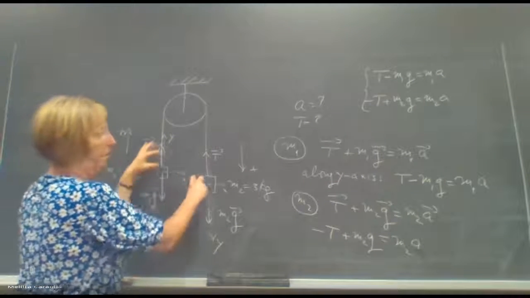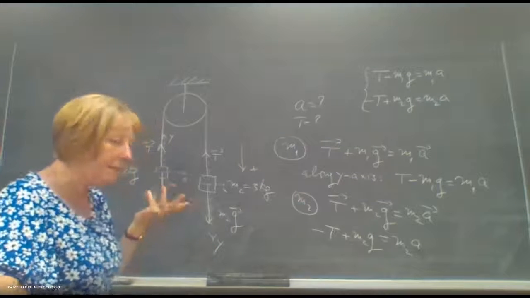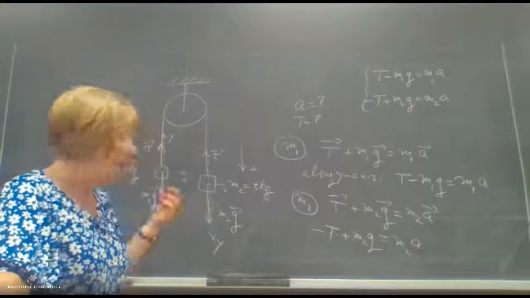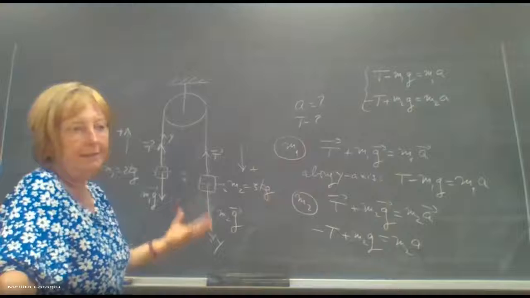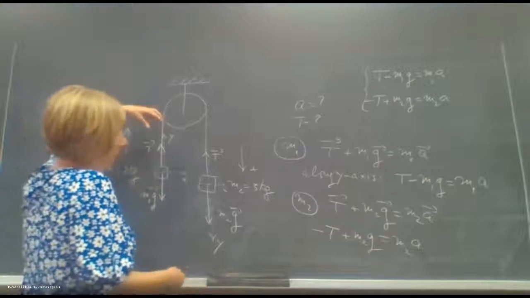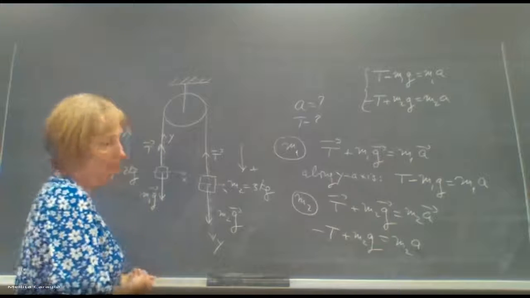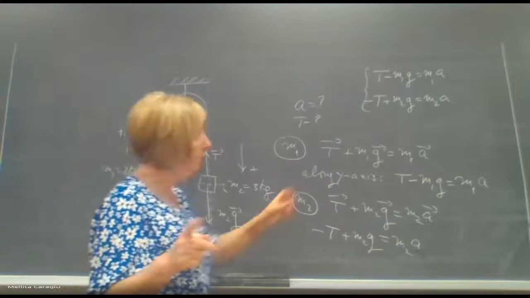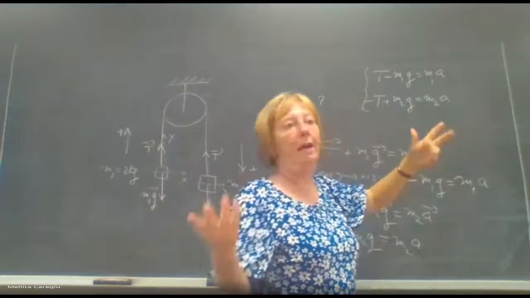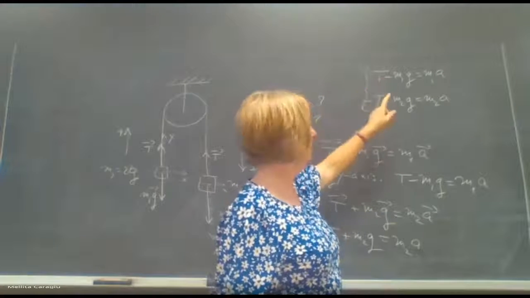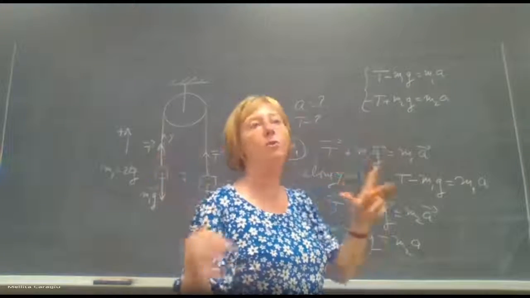So when people ask here, what is the acceleration? They usually ask, what is the acceleration of the system? Because the system of two objects actually moves as an entity. One part moves up, the other part moves down, but otherwise with the same acceleration. If you put here M1A1, and here M2A2, you end up with two equations, and instead of two unknowns, you would have three unknowns, and again, you could not solve.